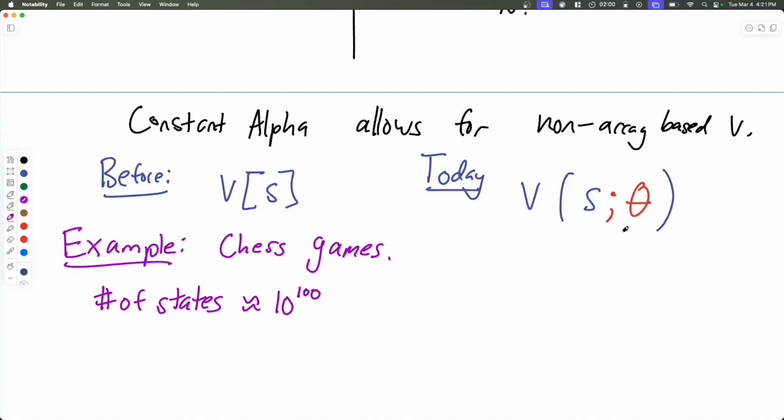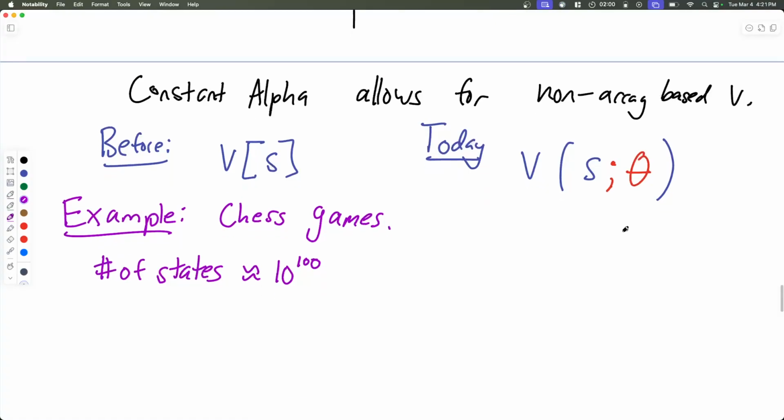On the other hand, if you have V of S comma theta, you can make very simple value functions that actually work quite well.